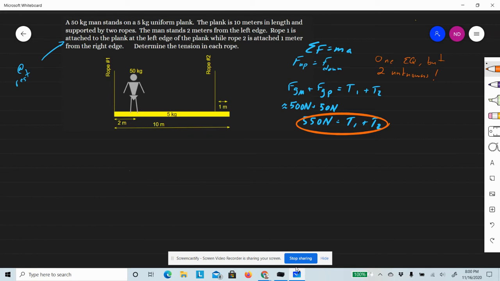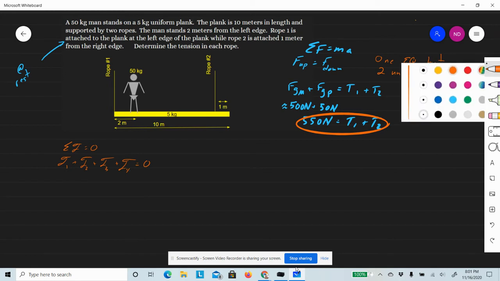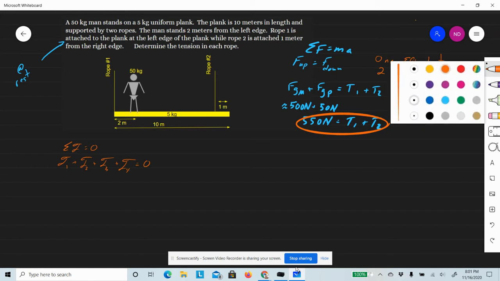If we say the sum of the torques is 0, that would mean that the torque produced by the first force plus the torque of the second force plus the torque of the third force plus the torque of the fourth force all somehow make 0. Okay? Now, the same forces apply.